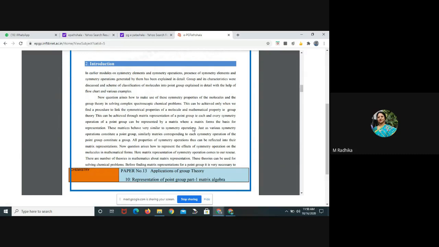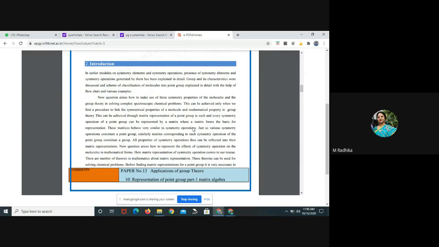To link group theory and symmetry, you have a simple thing called matrices. We use this matrix representation, which has properties similar to symmetry properties. For example, if I do identity to a molecule, the structure will be similar, that is, if I am rotating 360 degrees or not doing anything.